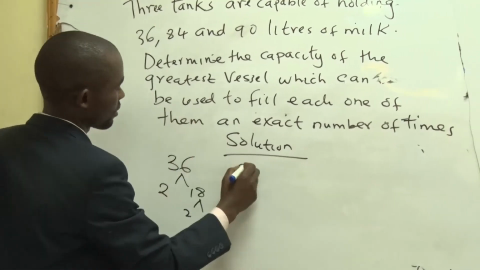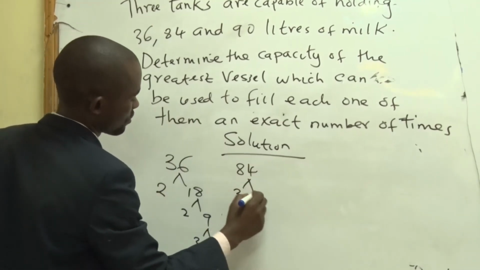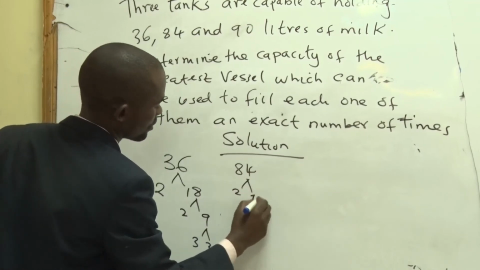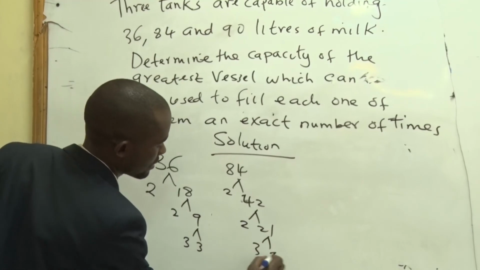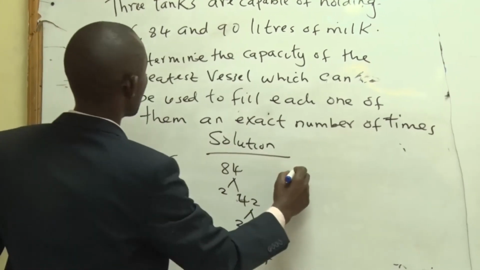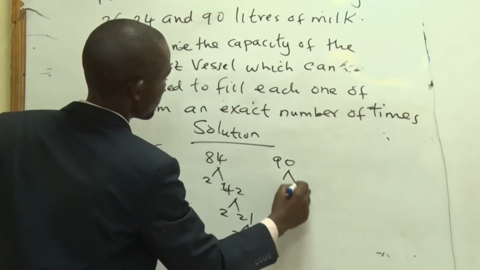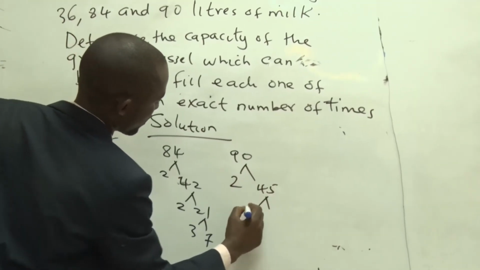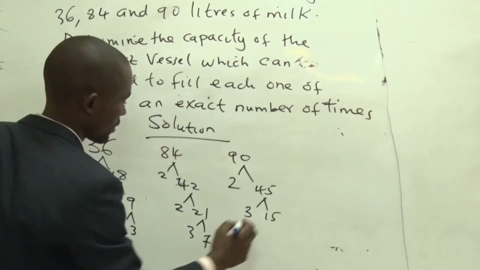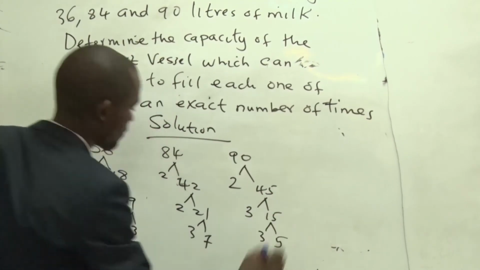You take the other one, which is 84: 2 times 42, 2 times 21, 3 times 7. You take the next one, which is 90: 2 times 45, 3 times 15, 3 times 5.